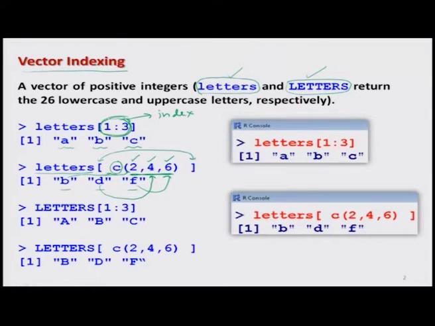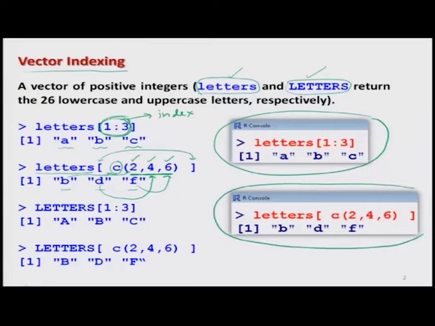And you can see I have given the screenshot also. And the same thing you can also do with uppercase alphabets, just by writing the capital letters, or say letters in uppercase. You can see the same example I have repeated here, and if you want to do it in the R console also we can see.